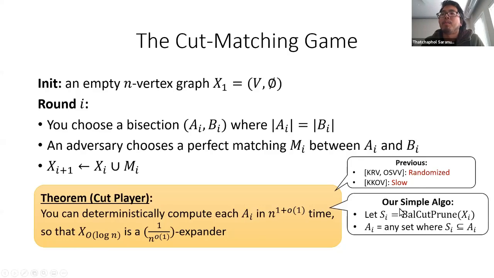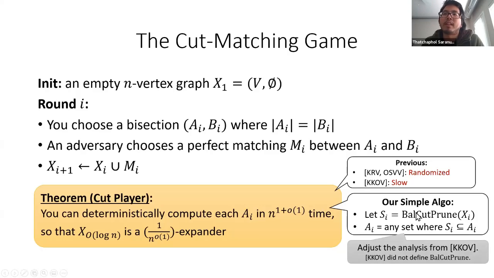But what we show is that if we have this balanced cut prune subroutine, the algorithm is so simple. You just run balanced cut prune on the current graph, get some set S, and choose A to be any set that contains this S. It turns out that the analysis is very similar to KRV, although they didn't define this balanced cut prune. This definition allows it to fit into the framework and makes the algorithm so simple.